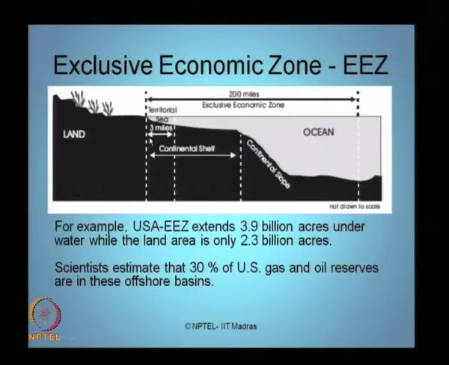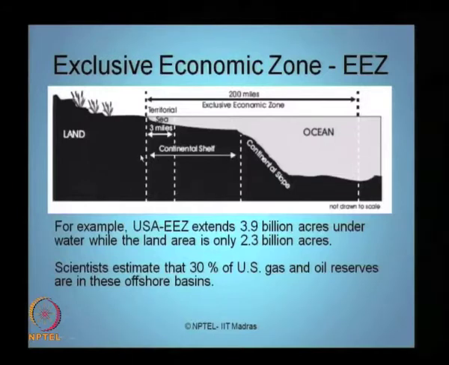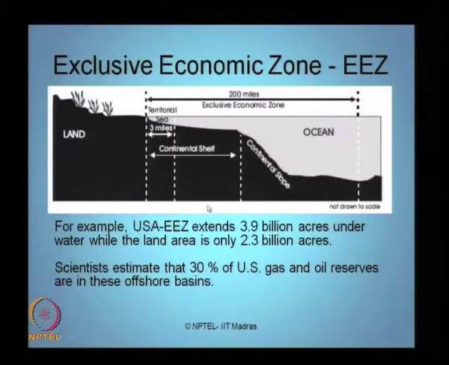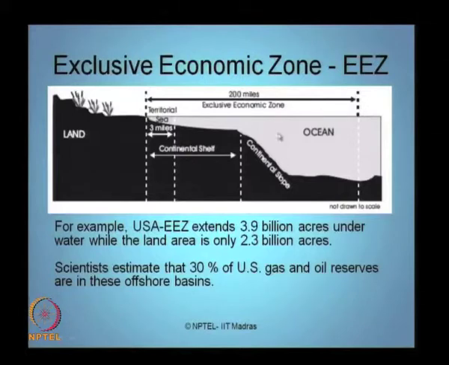Up to 3 miles from the shore we call the territorial region, then up to about 20 to 25 miles we call the continental shelf, and beyond that the continental slope, and the EEZ lies about 200 miles away from the shore.